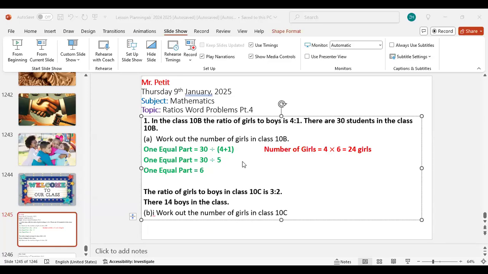I have 21 as well. 9, 21. What is the answer here? Anyone else have the answer for B I? Who said 21 just now? Aiden? Okay.